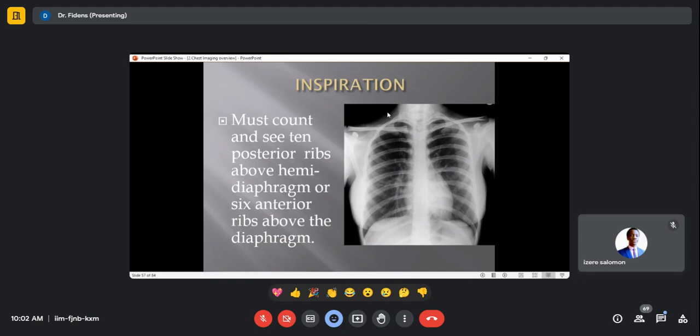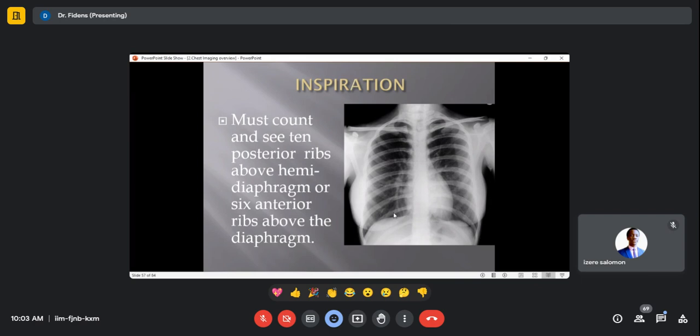So they are 6. And if you want to count the posterior ribs, it's 1, 2, 3, 4, 5, 6, 7, 8, 9, even 10. They are 10. So this is a good inspiration. We call it deep inspiration.